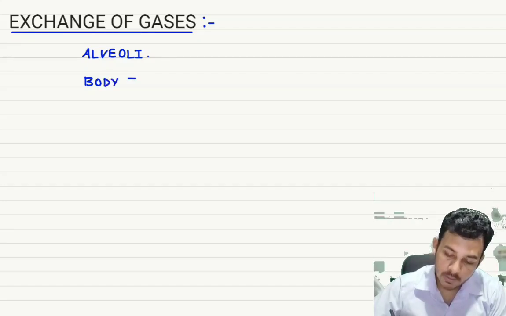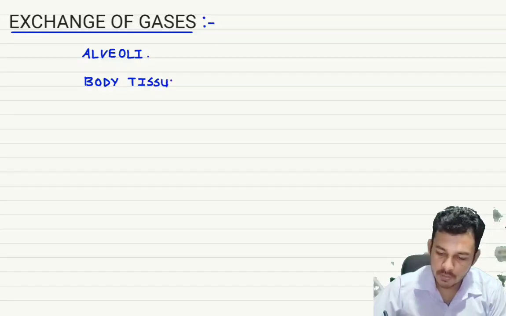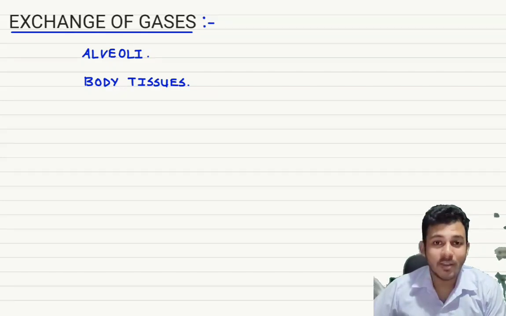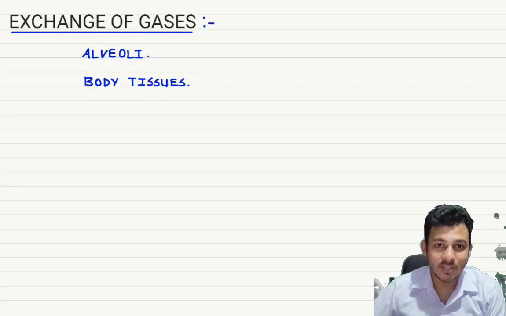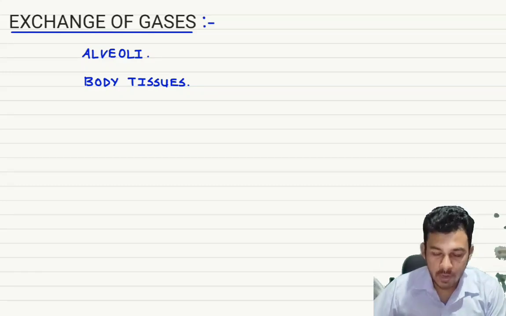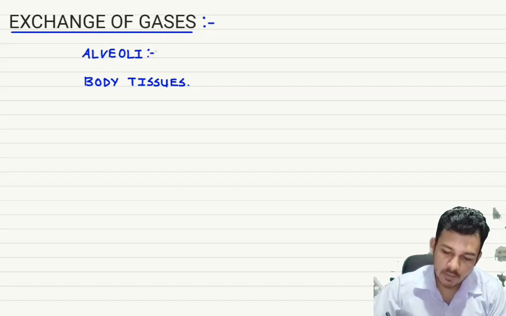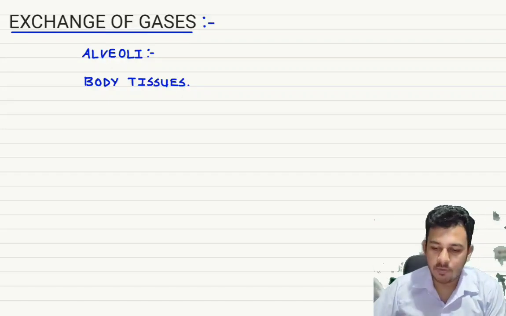In the NCERT, there is a very deadly table which gives you the partial pressure of the gases at different places. Hopefully they never end up asking the values from there. In my preparation days, I never remembered that table, but it's good if you have a look. So consider the inspired air in the alveoli.